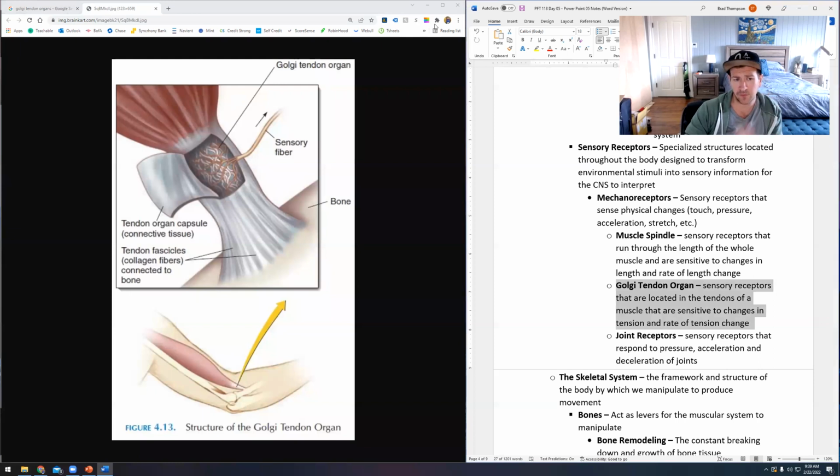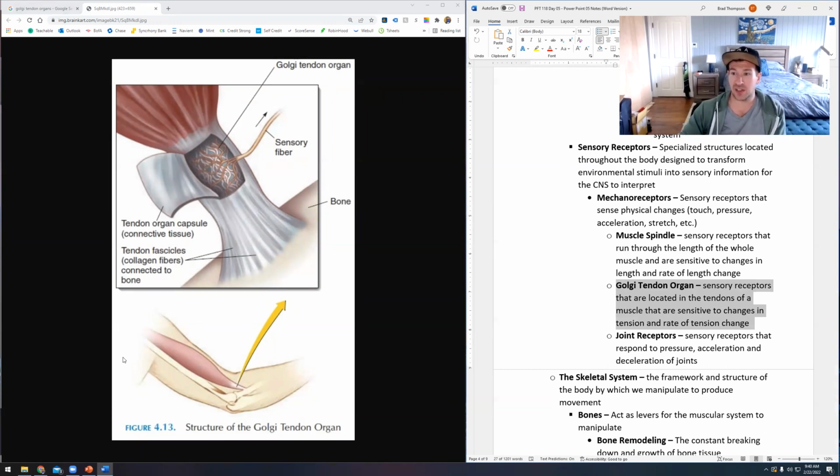And for the record, while they're doing all this, they are also in charge of sensing how fast these things are changing. They are sensing the rate of tension change and the rate of length change. If you change both of those things very quickly, your nervous system will probably freak out. If you over-lengthen a muscle, its response is going to be, hey, let's not lengthen it that much, and it's going to pull back and shorten the muscle.